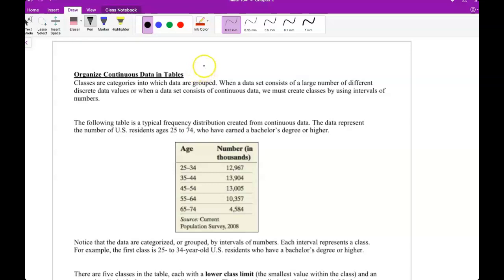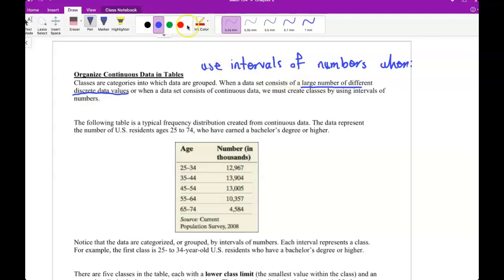So here, use intervals of numbers when our data set consists of a large number of different discrete data values. So that is the first one.